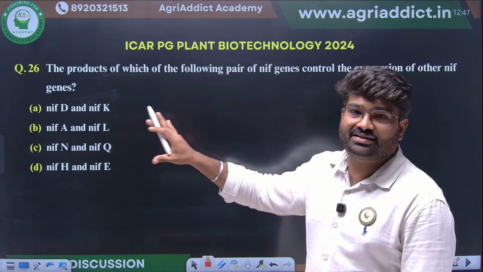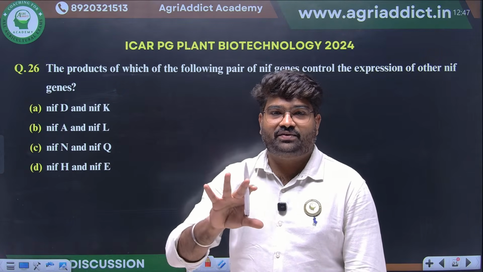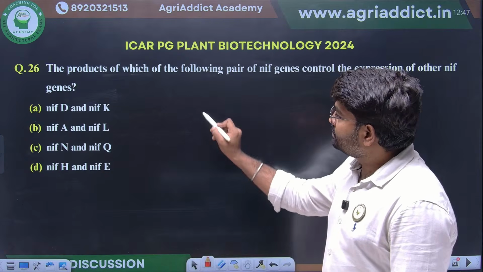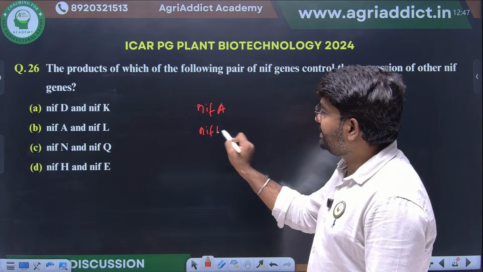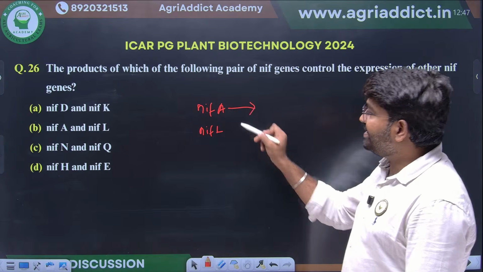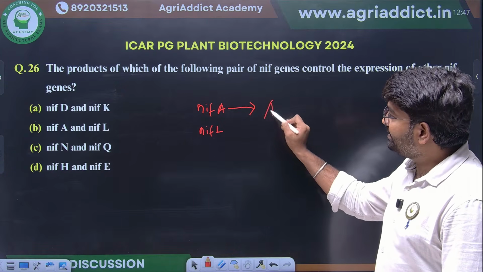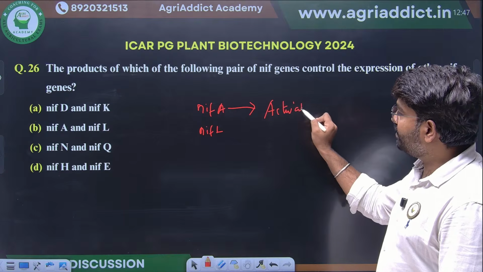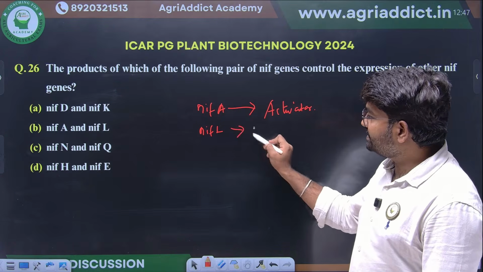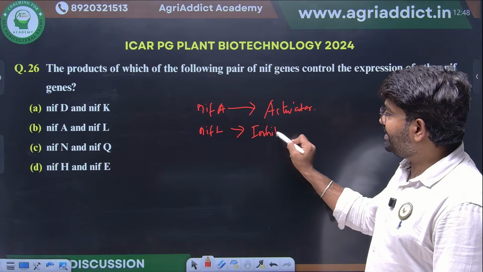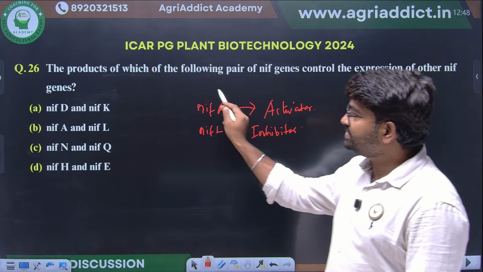What are the genes that control the nitrogen fixation genes? We know there are two genes, NIF-A and NIF-L. NIF-A acts as an activator for other nitrogen fixing genes. NIF-L is an inhibitor of other nitrogen fixing genes. This we have already seen in our class.